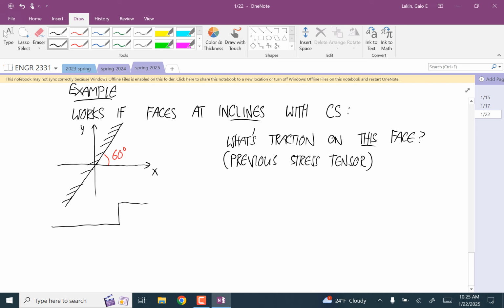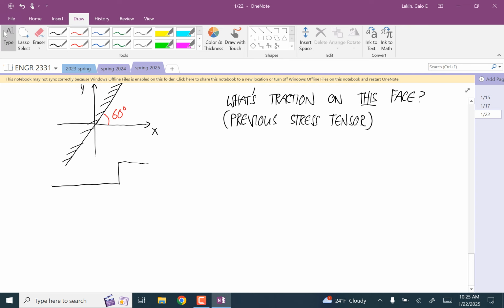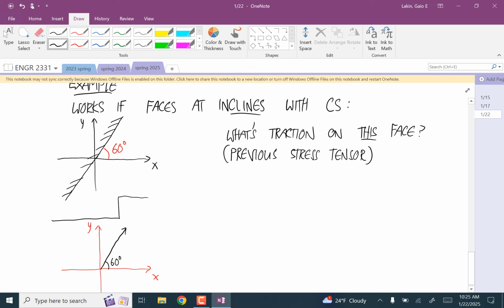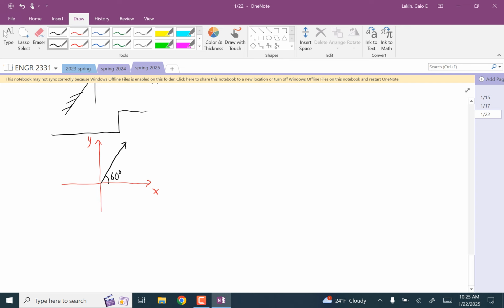Well, the first thing we have to do is come up with an expression for the outward facing normal of this face. So to do that, I'll say, okay, here's my coordinate system. I'll draw a vector like this, where this angle is 60 degrees. My outward facing normal to this face is 90 degrees this way. Are you with me on that?